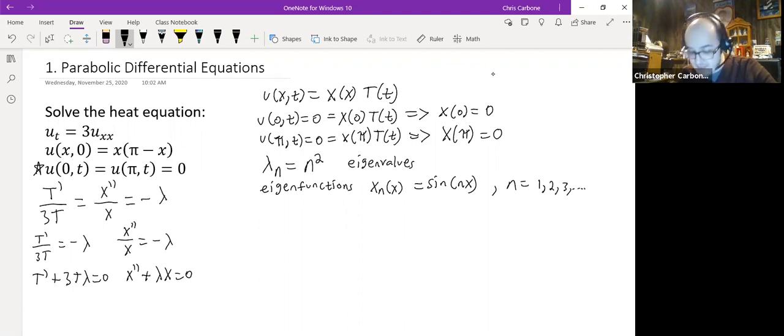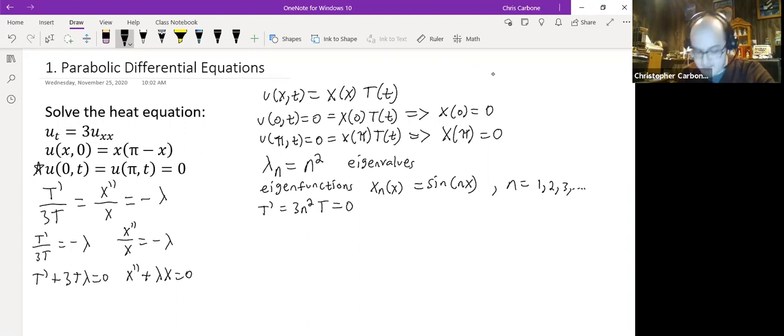But based upon that then, we could utilize the value of this eigenvalue inside of our first equation here involving t. So this would be t prime plus 3 times n squared t is equal to 0.